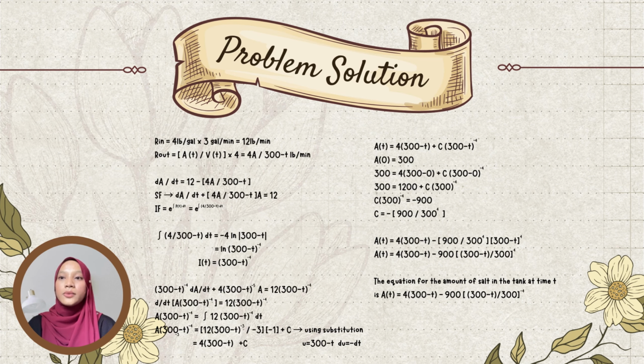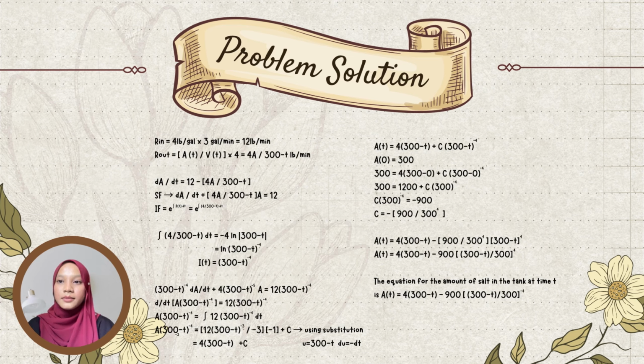For this mixture problem, the requirement is we have to find the equation for the amount of salt in the tank at time t. So we know that A(t) is the amount of salt in the tank at time t.